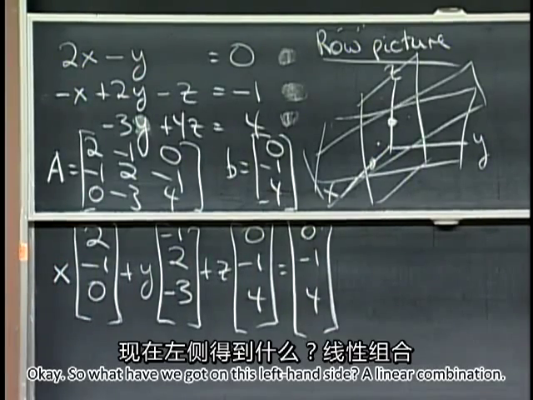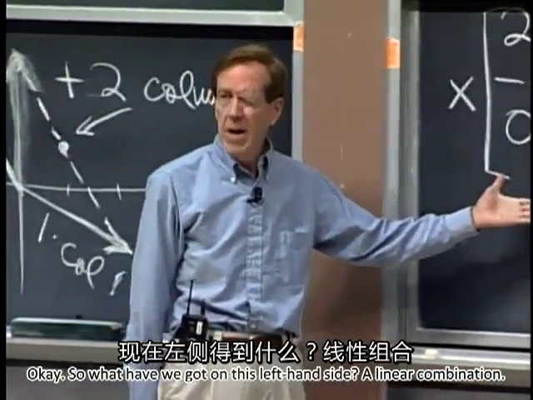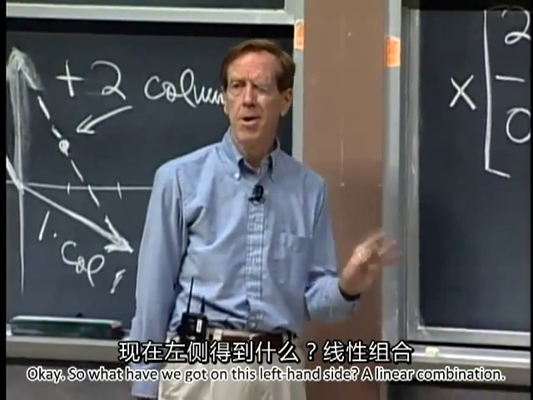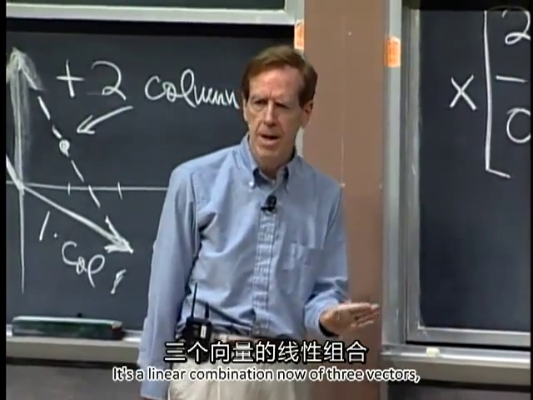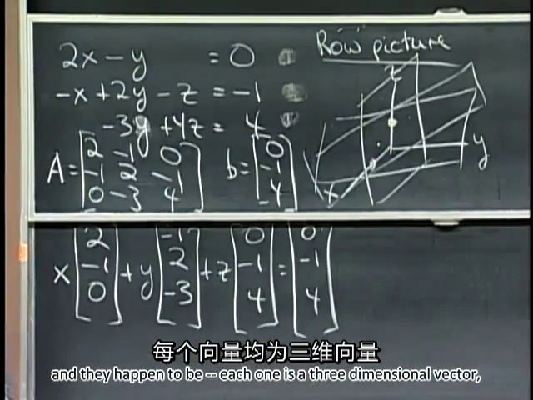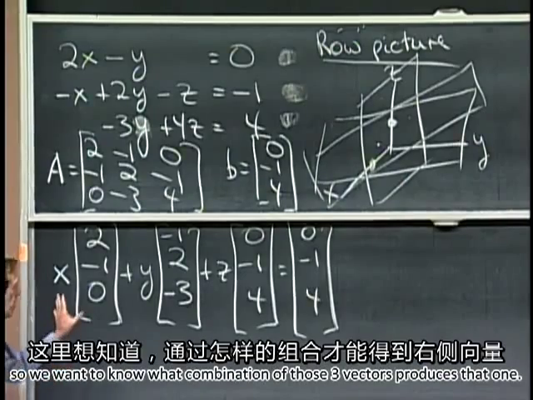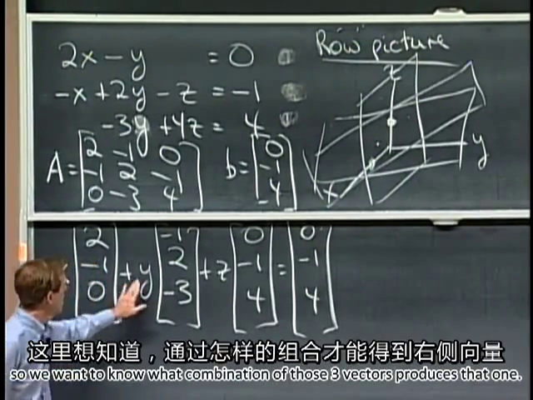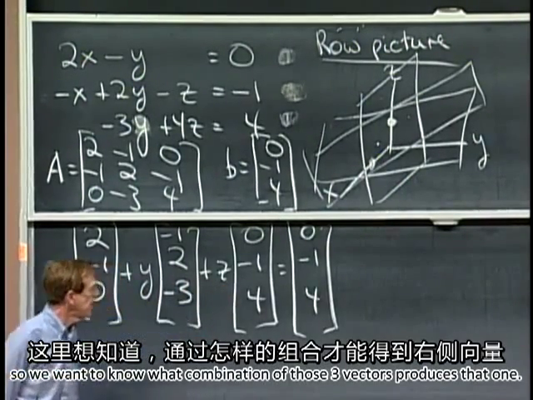Okay. So what have we got on this left-hand side? A linear combination of 3 vectors, and each one is a 3-dimensional vector. So we want to know what combination of those 3 vectors produces that one.